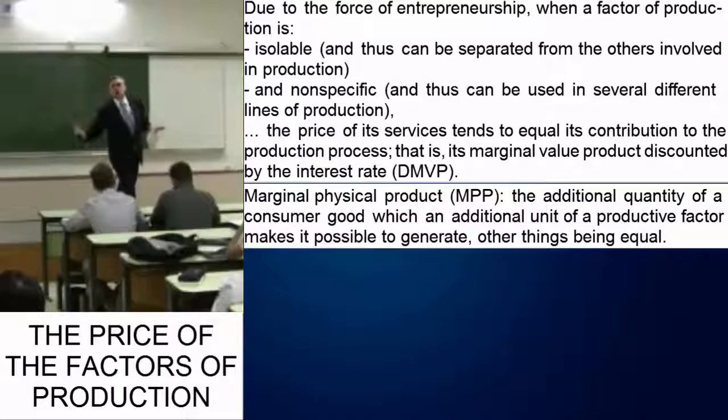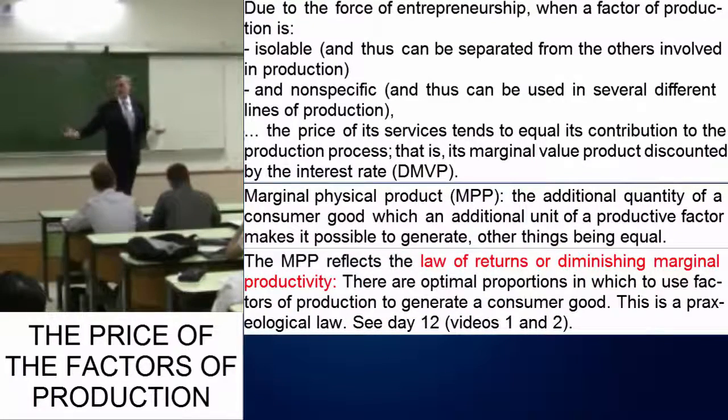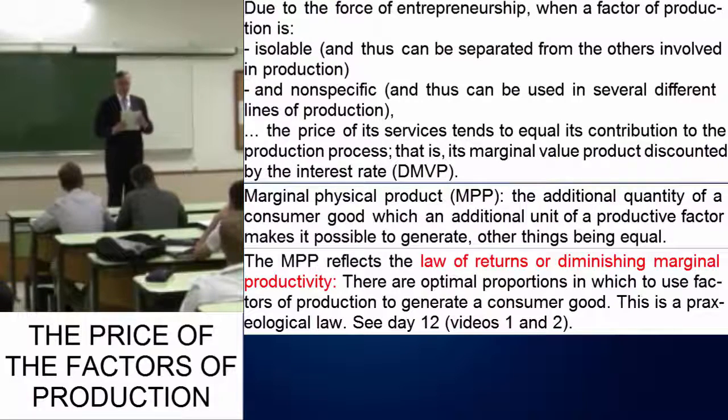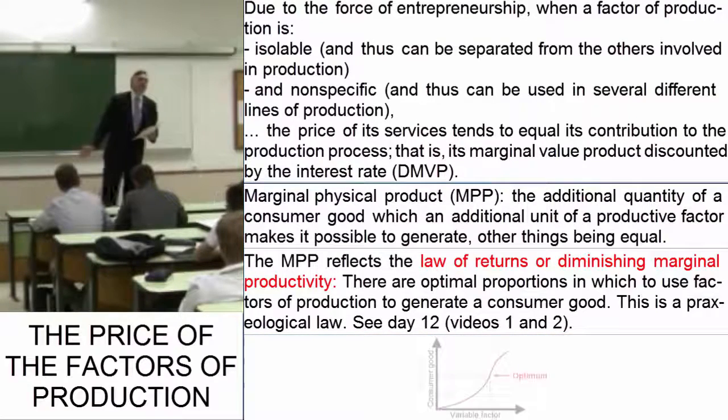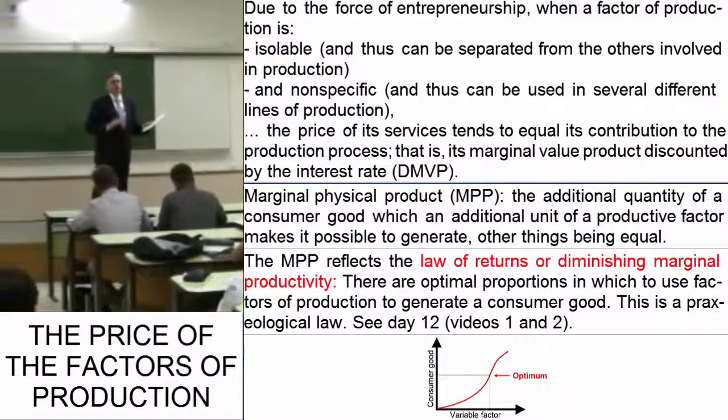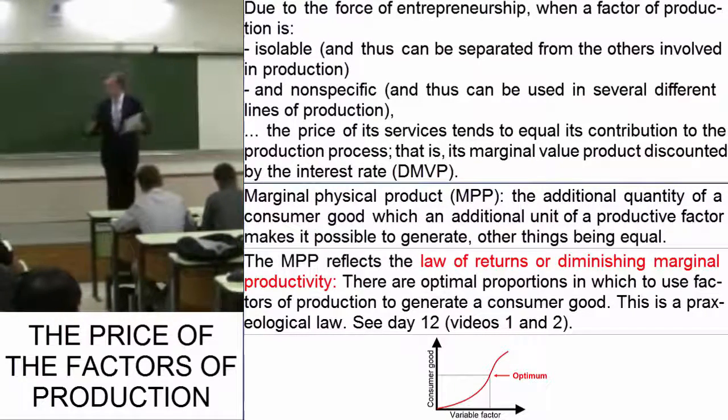The marginal physical product reflects the law of diminishing returns. This law states that if we have a fixed factor and a variable factor, and the variable factor gradually increases in units, then production will initially rise more than proportionally. However, there will come a point at which subsequent rises in production will be smaller and smaller.